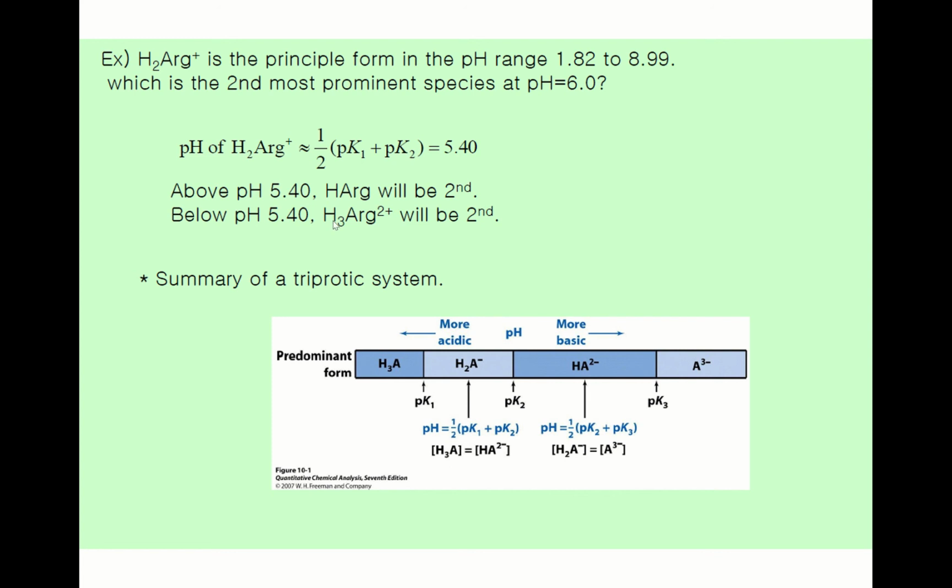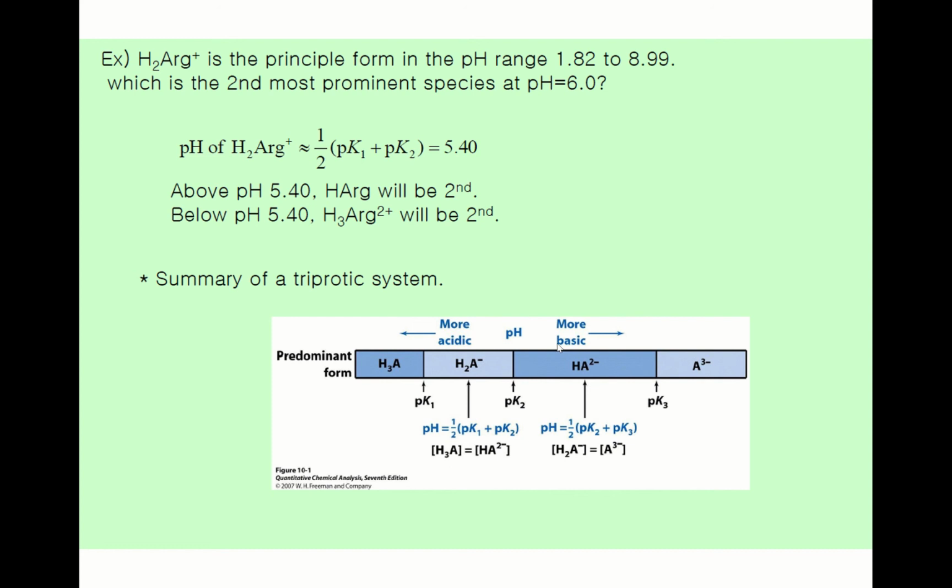So above this 5.4, which is the middle point, the second principal species is this one, monoprotonated arginine. Below this 5.4, in this case the polyprotonated arginine form is the second prominent species. Here is a summary.